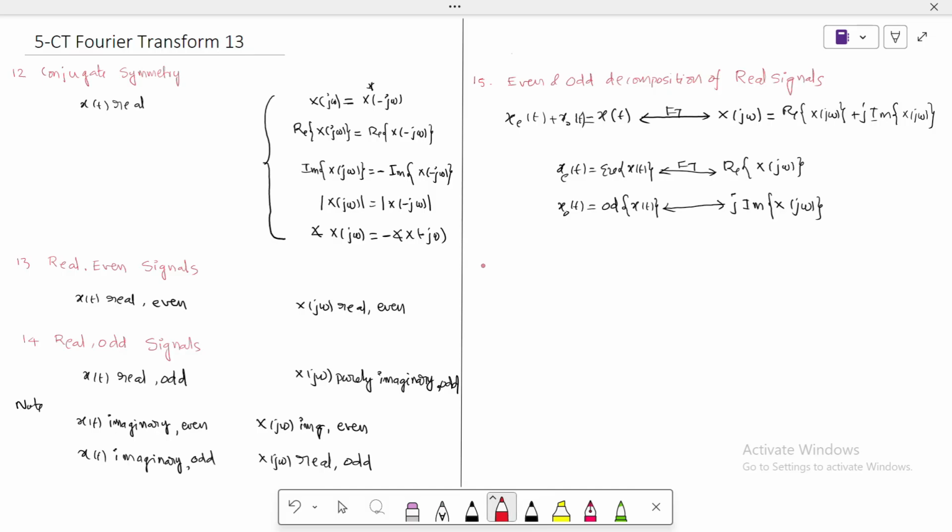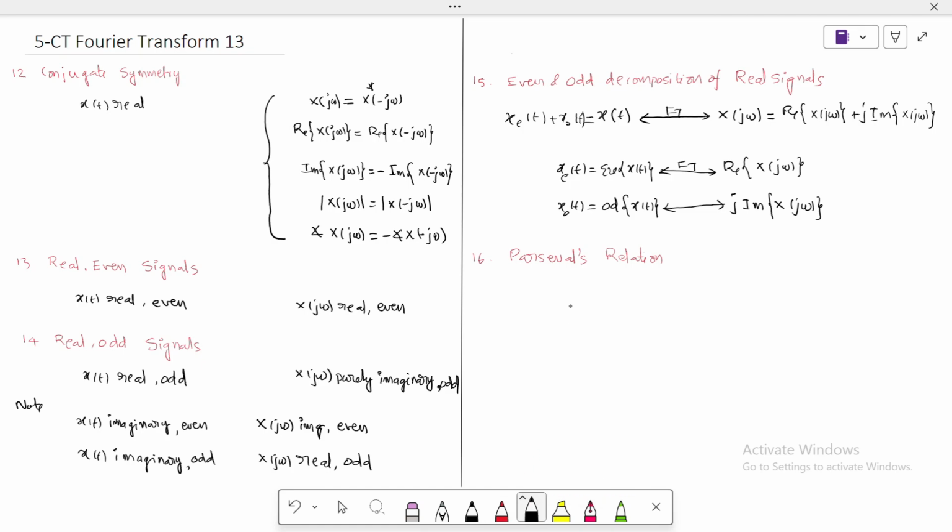Last one, Parseval's relation. Already we studied it in the Fourier series. So this is the power relation between the continuous time domain and the frequency domain.